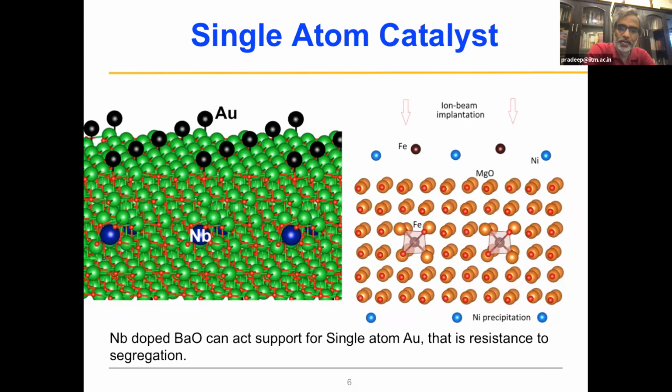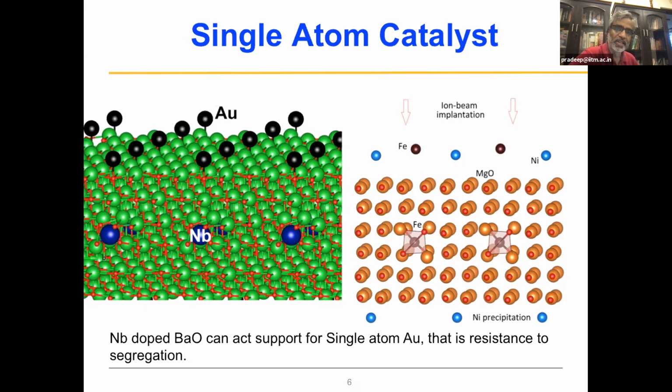For a long time, people have studied these metal-support interactions, where gold is the metal and the support is barium oxide or niobium oxide or barium niobate or any such system. People study charge transfer with photoelectron spectroscopy and other techniques. As far as gold is concerned, experimentally you see charge transfer, and you don't see gold as a neutral metallic atom.